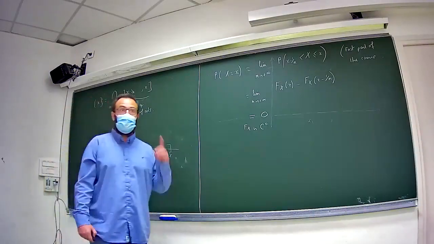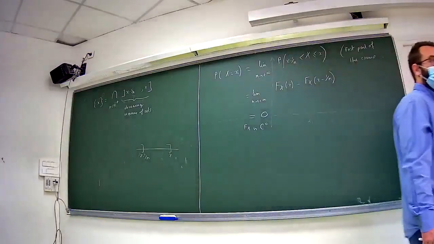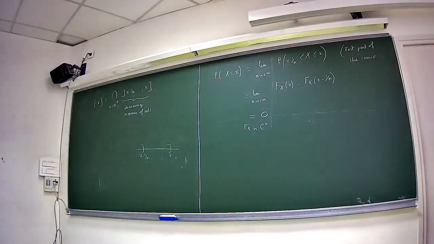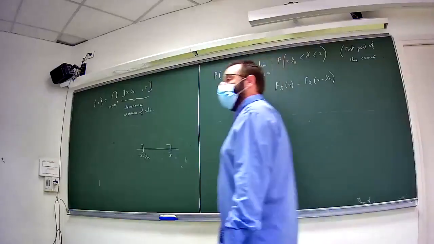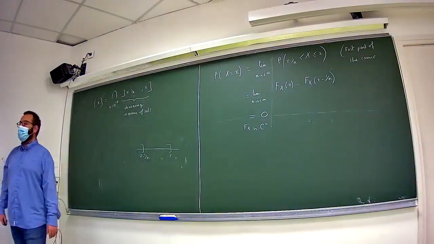Something that is really different from what happens in the discrete case. So it's important, and keep in mind that this holds in this case, not in general. This is one of the major consequences of a random variable being continuous.